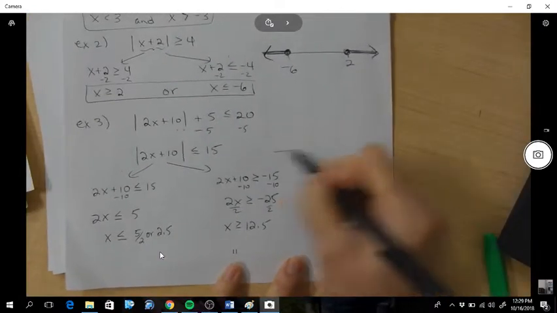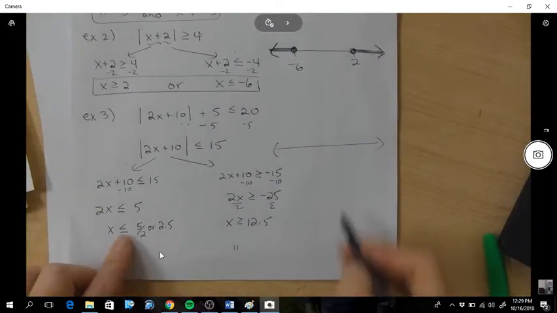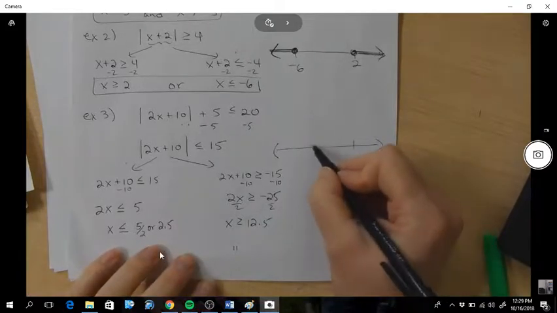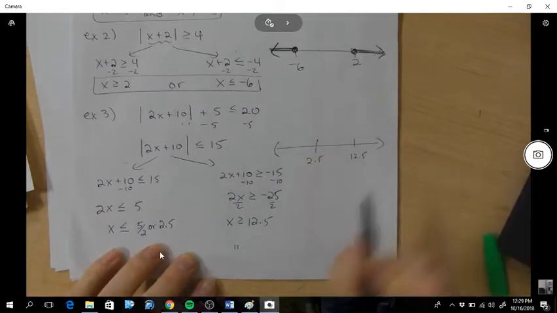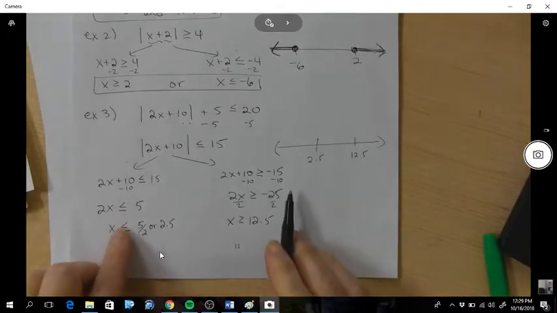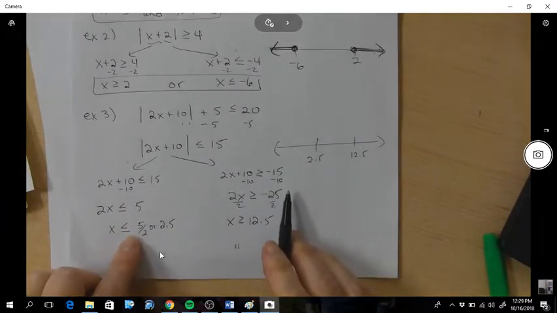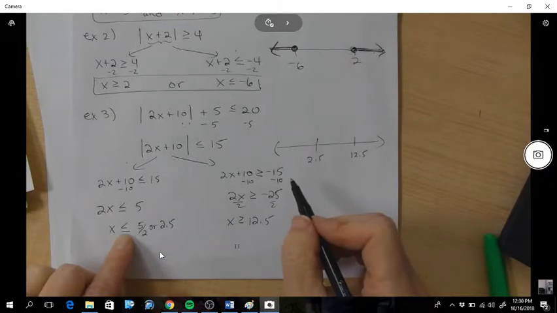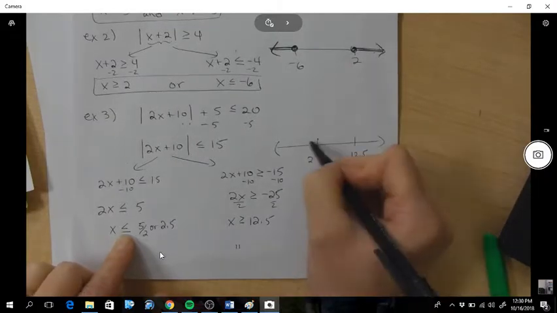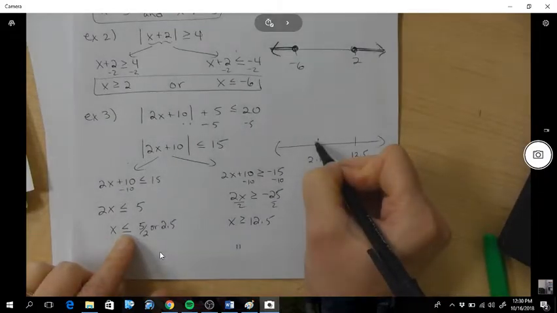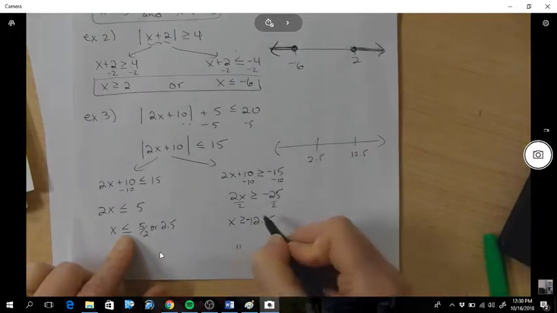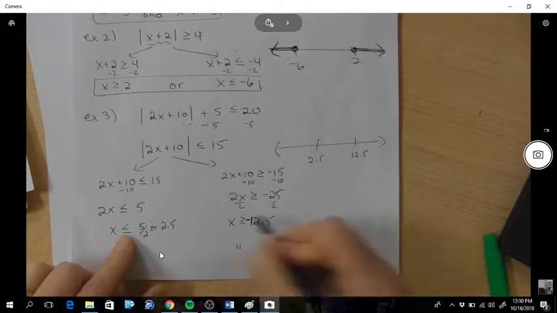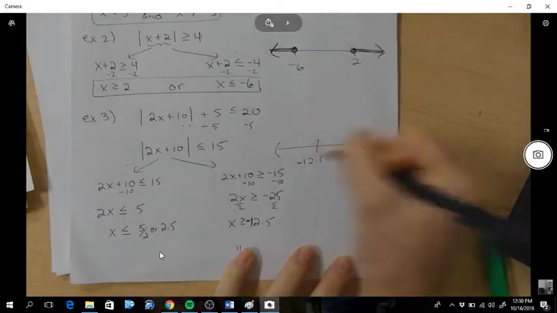So I'm going to look at a number line, 2.5 and 12.5. So 2.5, I want to be less than or equal to it. Oh, I made a mistake here. Sorry, guys. I forgot to negate that. Okay, so negative.